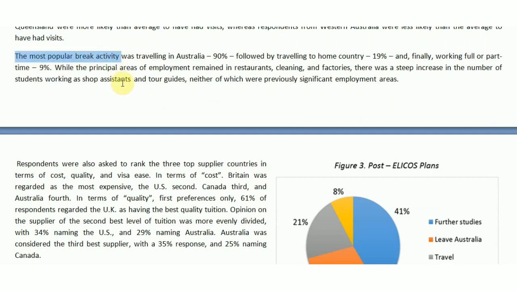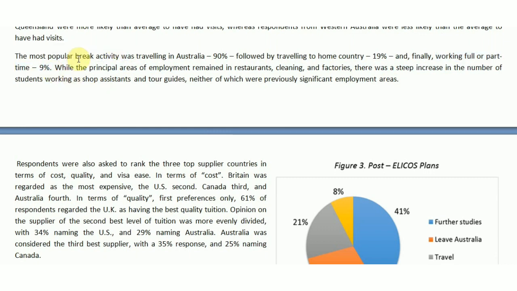So break activity, like they are talking about during the course when they had breaks. Most popular was traveling in Australia. Yes, it was given as the first option, and it is followed by traveling to home country. So I think this might be our answer, traveling to home country. And finally, yes, this was the third option which was given, working full or part-time.